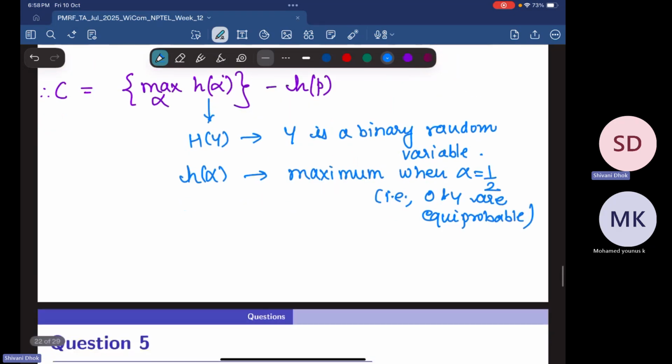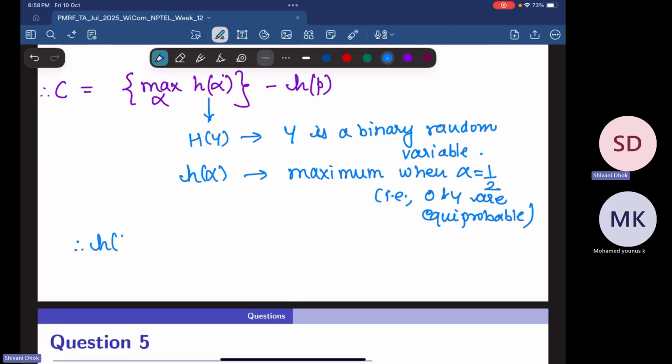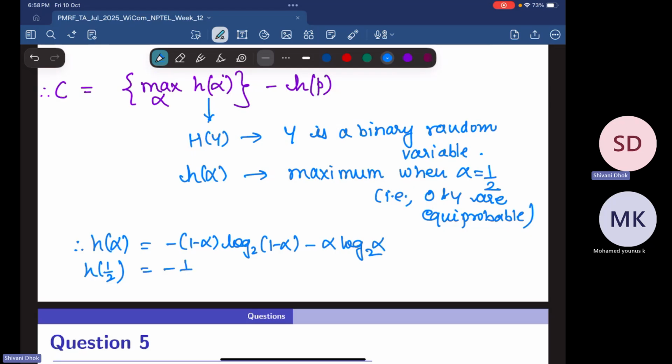Okay, so this is what we have already seen. Let me write it down once. h of alpha was minus alpha log to the base 2 alpha minus 1 minus alpha into log to the base 2 of 1 minus alpha. If alpha is equal to half, then h of half is minus half into log to the base 2 of half minus half into log to the base 2 of half, which is nothing but minus 2 times half into log of 1 by 2 to the base 2.